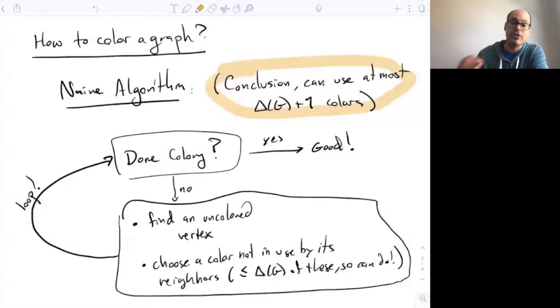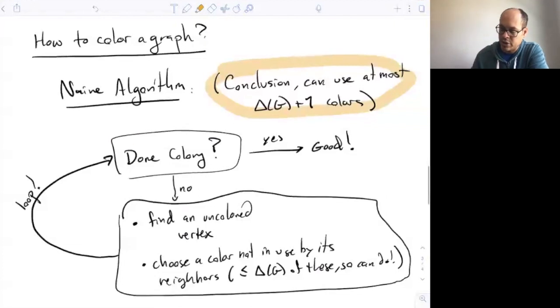Okay. The first thing we ask is, are we done yet? Of course, in the beginning, the answer is going to be no. And as the answer is no, we proceed on to the meat of the algorithm, which is we find an uncolored vertex, and we look at all of the neighbors of that vertex.